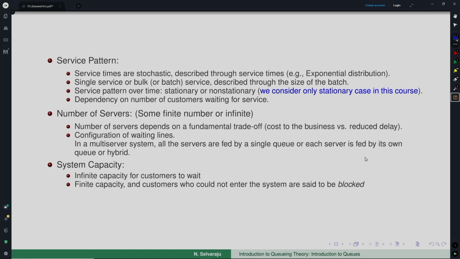Now, whenever there is a finite capacity, you have a scenario which is called blocking, so common in, say, computer and communication networks, data networks or mobile networks and so on, because there is a capacity limit.